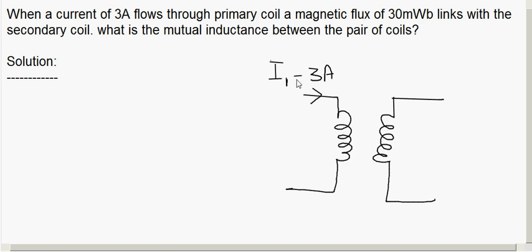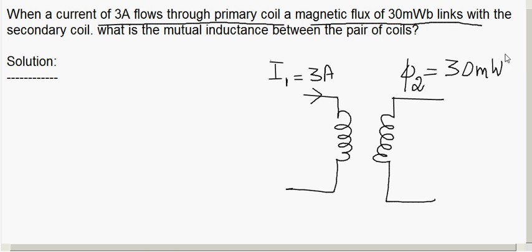I'll mark it as I1. The current 3 ampere flows through primary coil, and magnetic flux of 30 milliweber links with the secondary coil. The flux linking the secondary coil is 30 milliweber. So let us write it as phi 2.